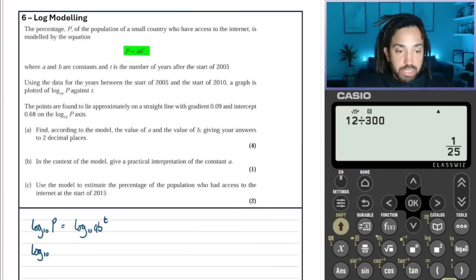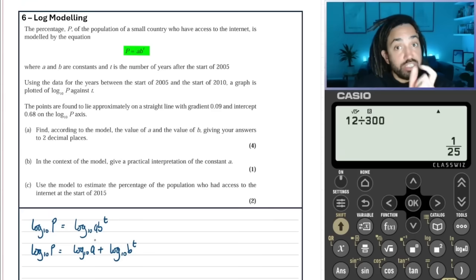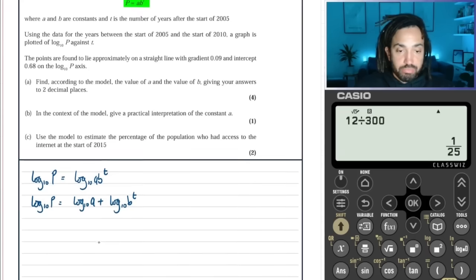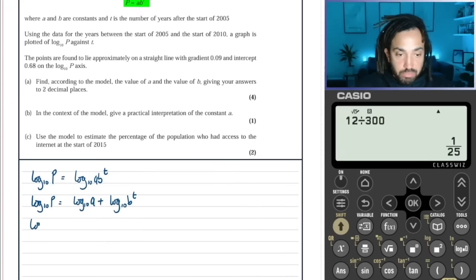We then just keep on going, and we write that we log ab to the t could be split up into log a plus log b to the t, given that if you have log of two things times together, it's the same as log of the first thing plus log of the second thing, using our log laws.